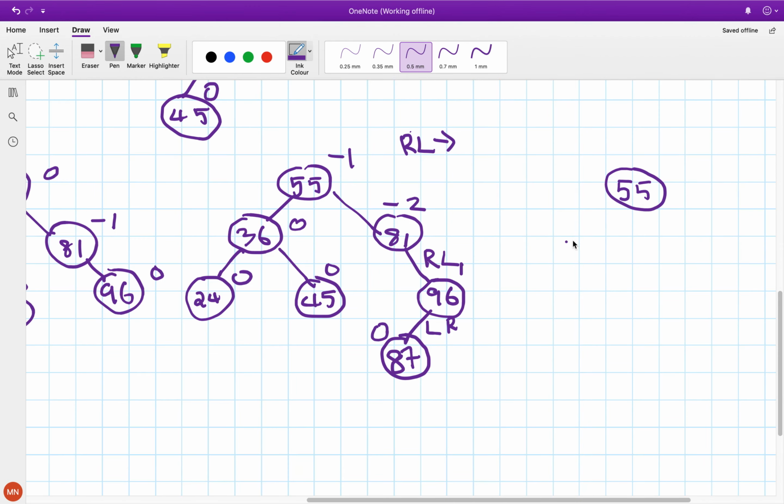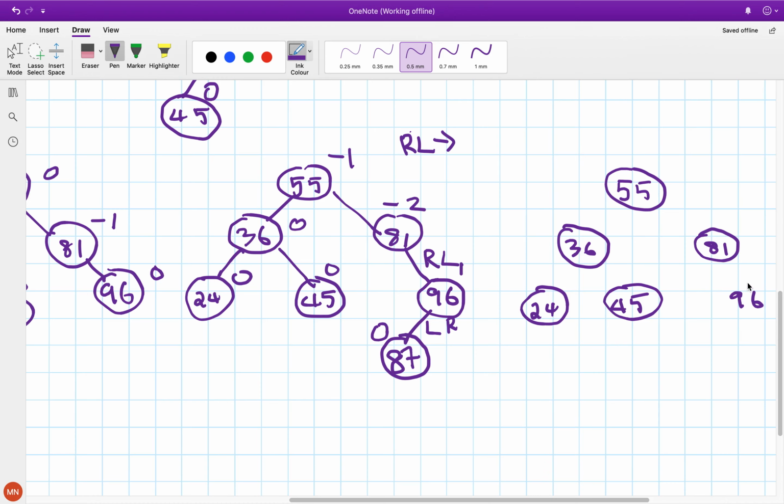Then I have 36, then 24. On the right side I have 45. On the right side I have 81. Then here 96.